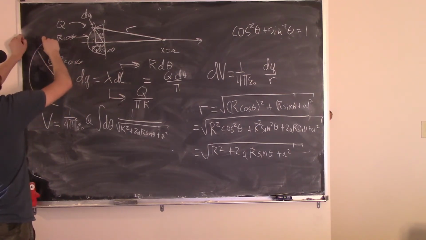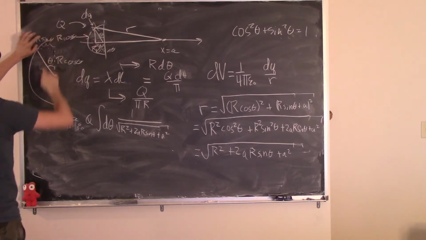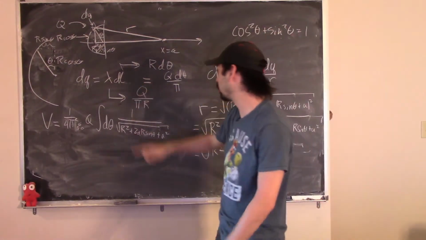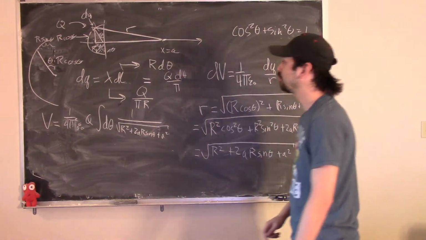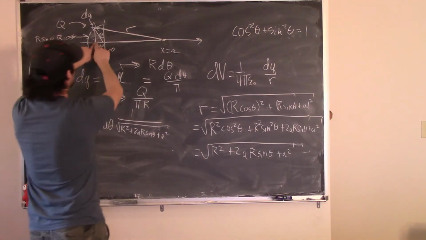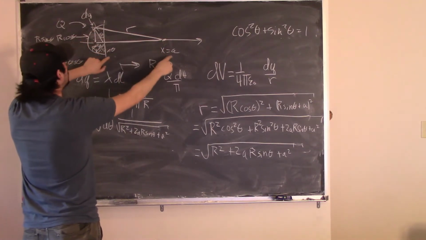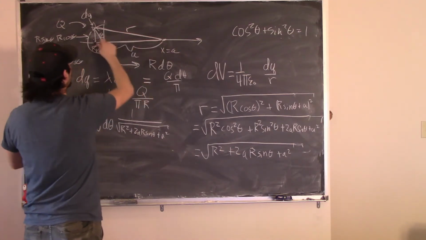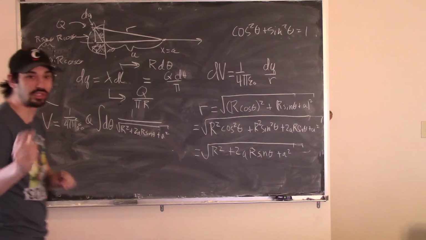And the opposite side is going to be r sine of theta. Ask me again if that doesn't clarify it, but that's basically why I had the r cosine of theta and the r sine of theta. And ultimately, for the x distance that I am from this, it's going to be r sine of theta plus a, because a is the distance here, and the r sine of theta is this distance. So that's ultimately why that is.